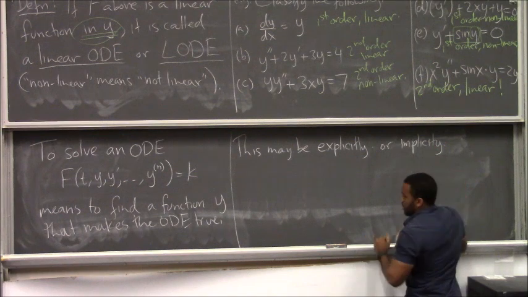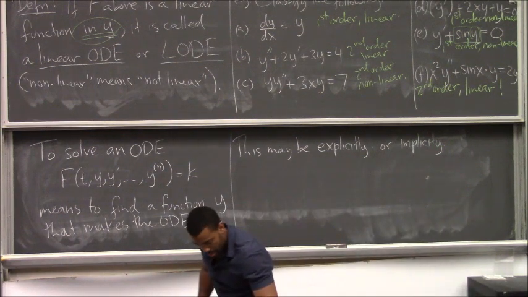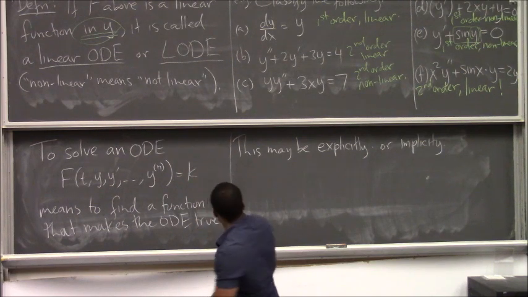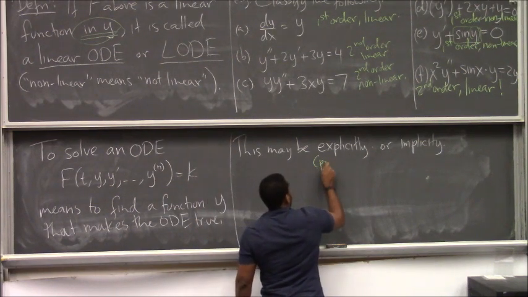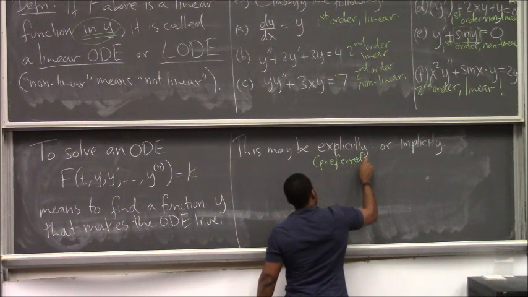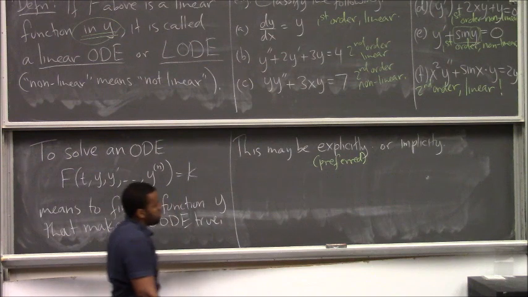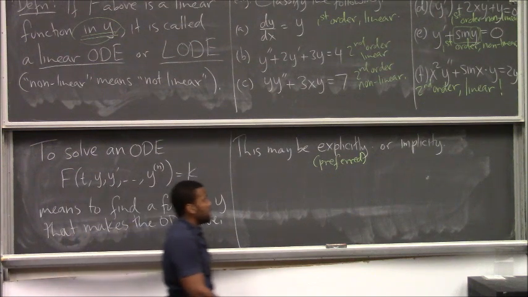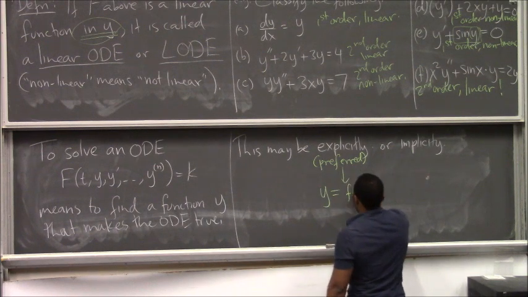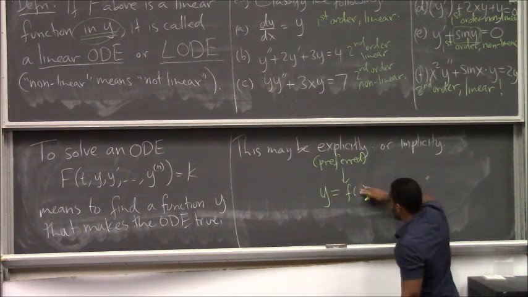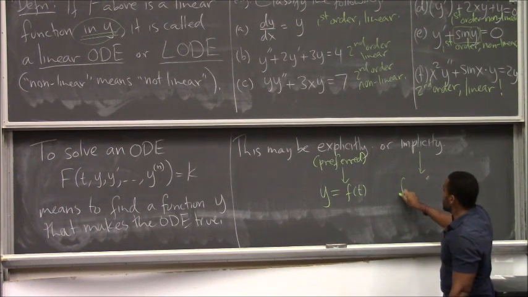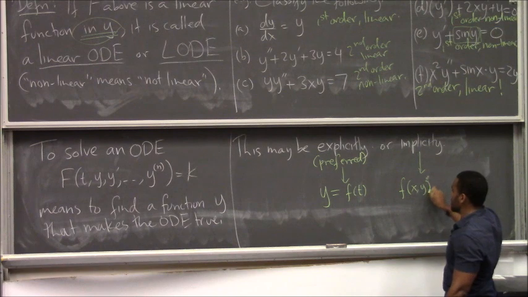So, hopefully you remember from calculus what implicit and explicitly defined function means. This one is preferred. If you can get it to that point, I expect you to get it to that point, but if it's really annoying to get it to that point, I would settle for the implicit case. Explicit means that you have y on one side and all your other variables on the other side. Implicit means they're mixed together and you can't really separate the x's and y's.